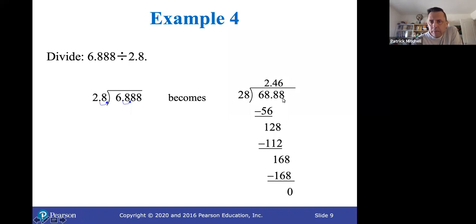Now bring the last 8. 28 into 168 goes 6 times. 6 times 28 is 168. 168 minus 168 is 0. The quotient is 2 and 46 hundredths.